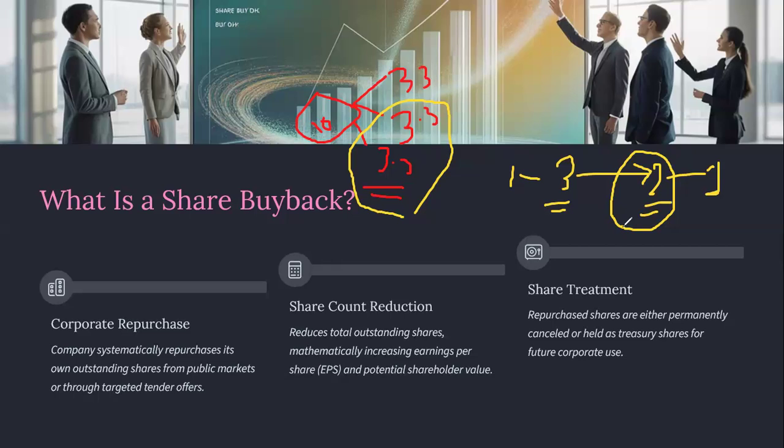So in buyback, I will systematically repurchase the issued capital with a targeted volume based on earning per share. This will reduce my total outstanding number of shares and give a boost in strengthening my capital structure.